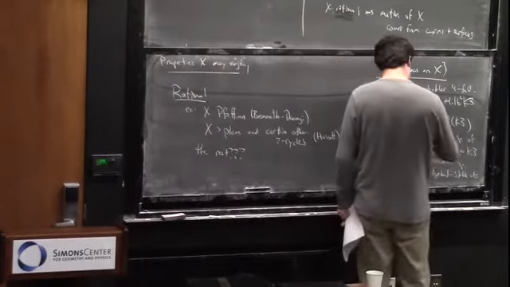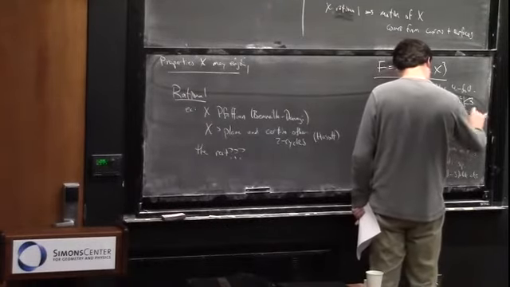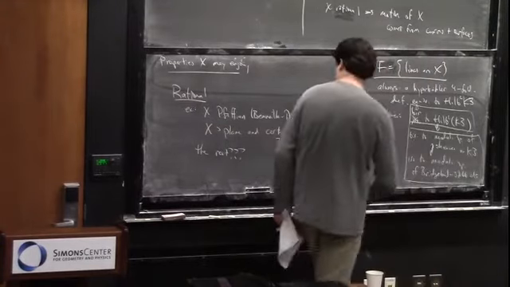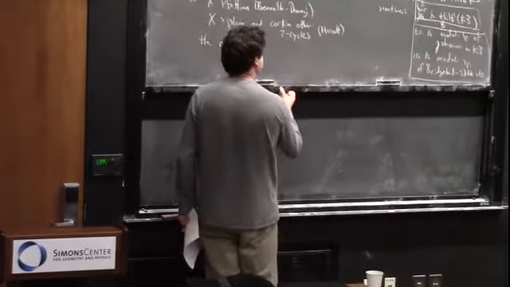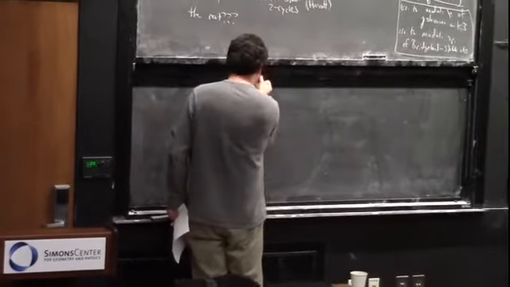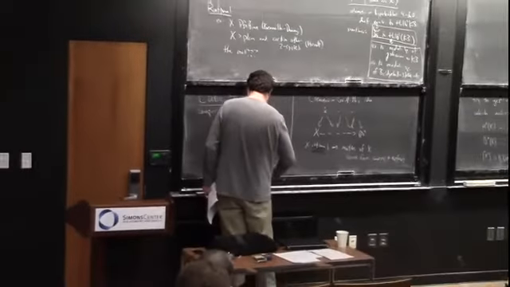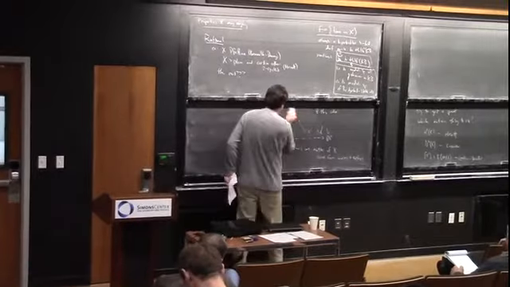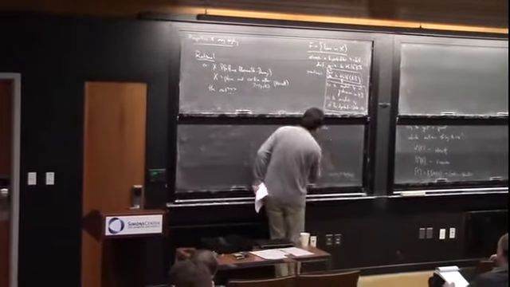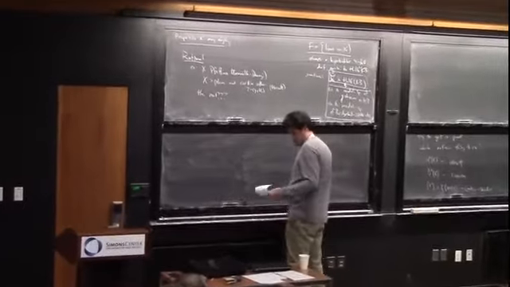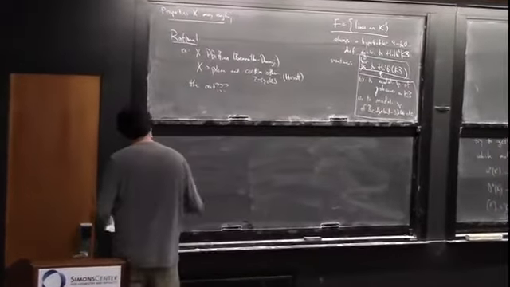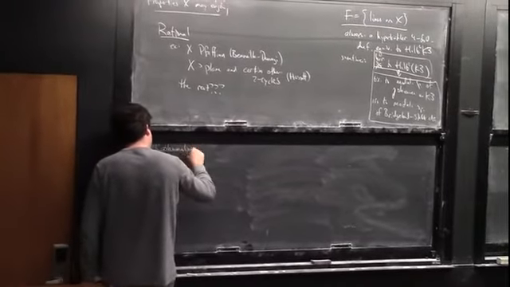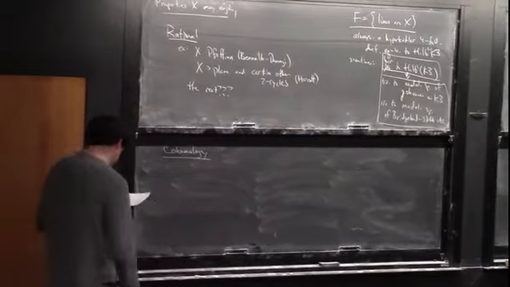Actually, let me put some boxes here. So this is one condition. Here's another condition. You might have in the cohomology, let's talk about the cohomology of X. Let's look at the primitive H4.